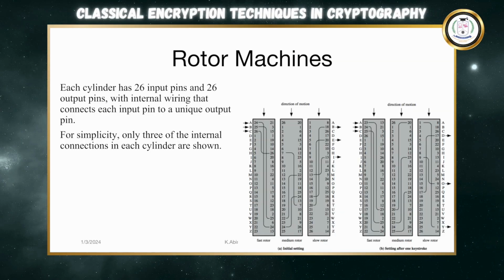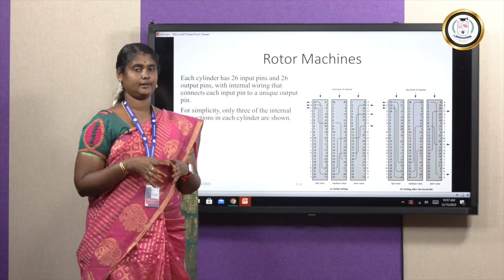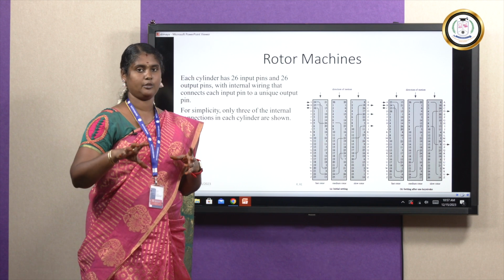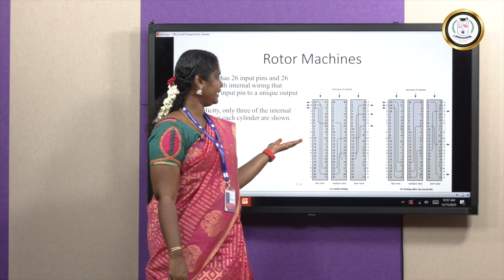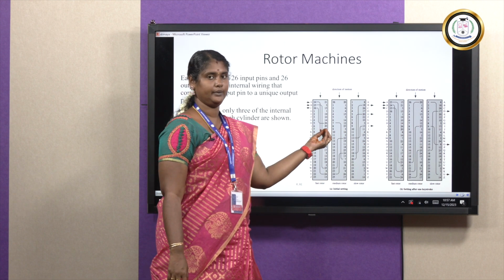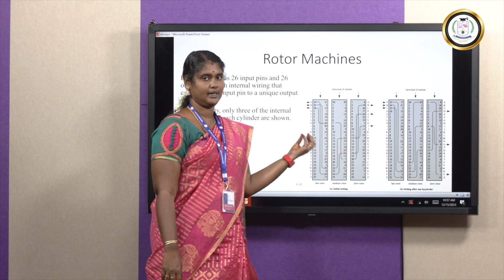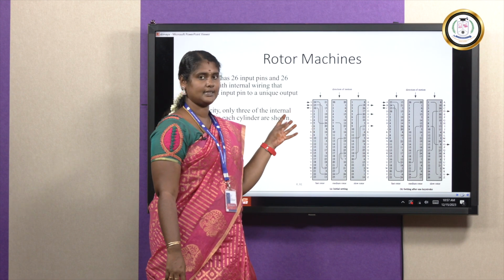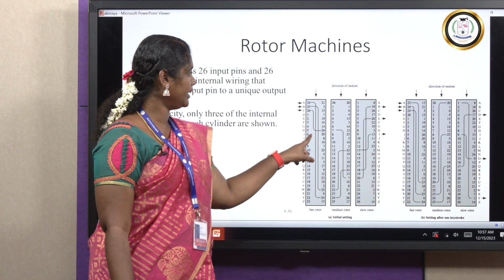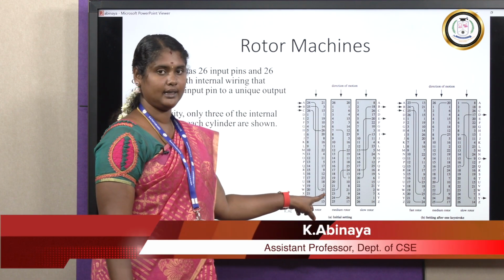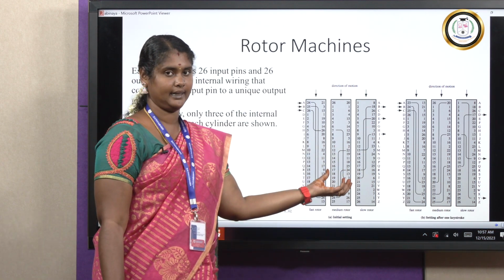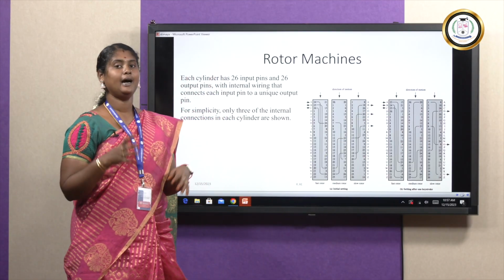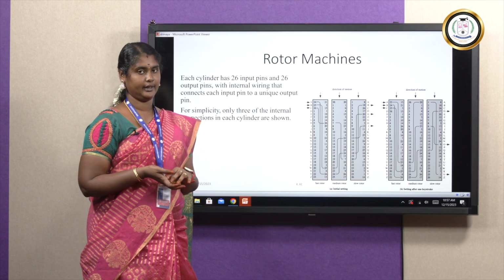The last type is the rotor machine. Till now we only did mathematical calculation and substitution models. But with a rotor machine, if I give input A, it will rotate and generate the data, depending on the machine. With a fixed three-rotor machine, instead of A it will display, for example, the 24th letter, and instead of B it will replace some other letter. It does this automatically, performing the encryption and finding the data.